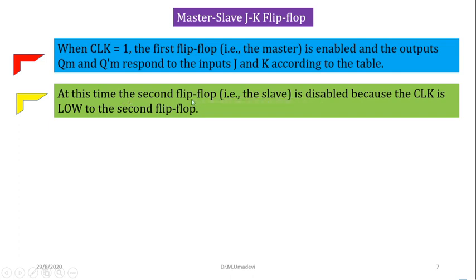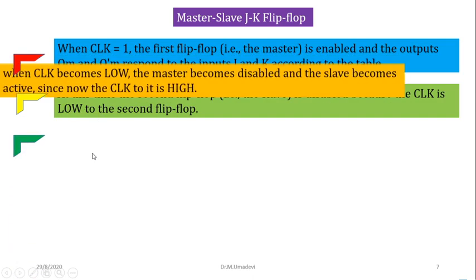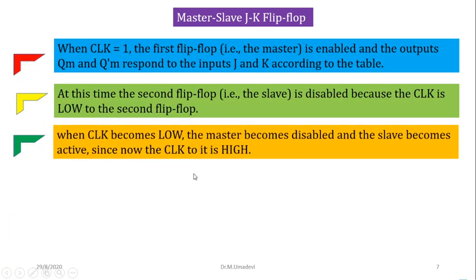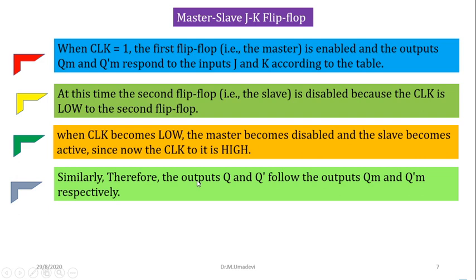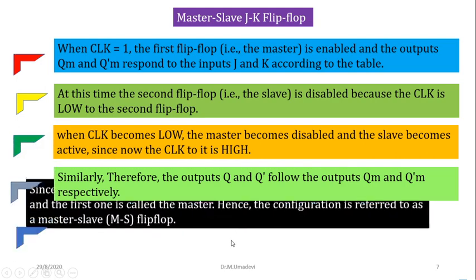At this time the second flip-flop, that is the slave, is disabled because the clock is low. Third, when the clock becomes low, the master becomes disabled and the slave becomes active, since now the inverted clock is high. Therefore the output Q and Q dash follow the output of QM and QM dash respectively; this is for the slave and this is for the master.